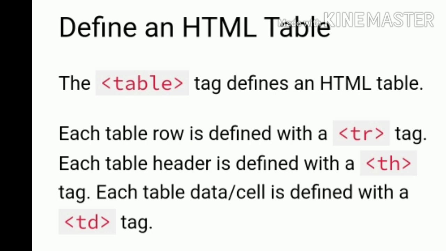With the background attribute, you can set a background image for the whole table or just for one cell. You can also set the border color using the bordercolor attribute. The bgcolor, background and bordercolor attributes are deprecated in HTML5. Do not use these attributes.